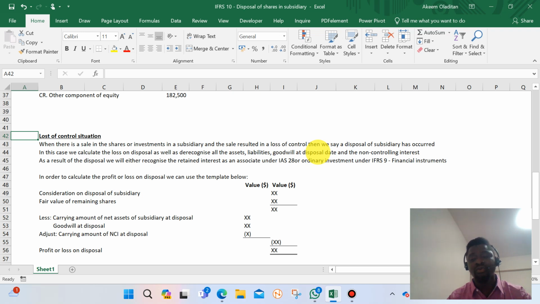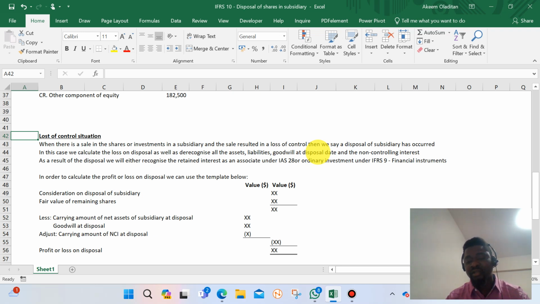We could have sold 100% of the shares, that is, not having any investment in the subsidiary. That's one. Number two is when we sell below 50%, but the interest in the subsidiary is still more than 20%.